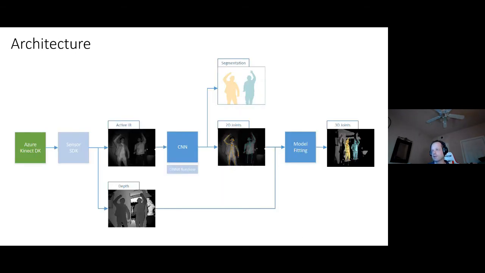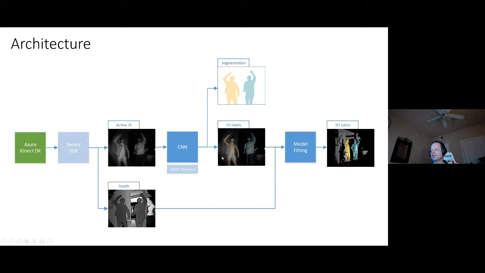The architecture, how does the whole thing work with body tracking? So it starts with the Azure Kinect development kit. On top of that is the sensor SDK, and then we have the camera streams. The active infrared camera stream, which is just a black and white image, is used with the convolutional neural network and the ONNX runtime to then get two-dimensional joint coordinates.